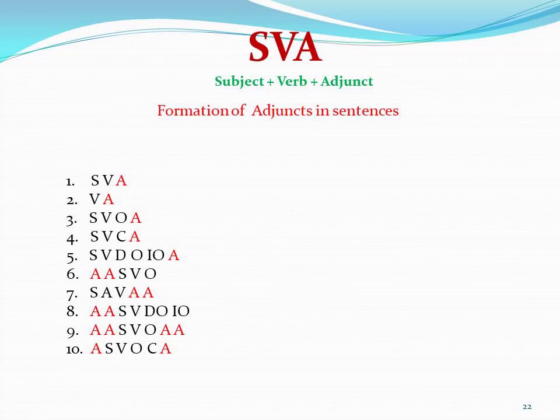These are all examples of the formation of adjuncts in sentences, and they can occur in the beginning and also in the end of the sentence. In a single sentence, an adjunct can occur twice or more, because it gives only additional information to the sentence.